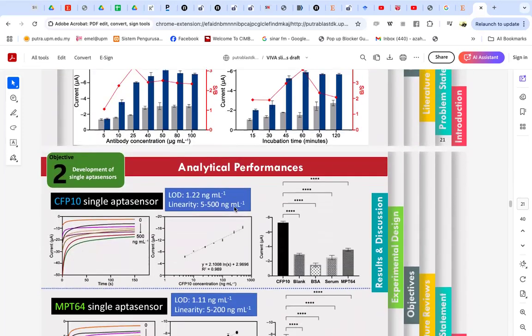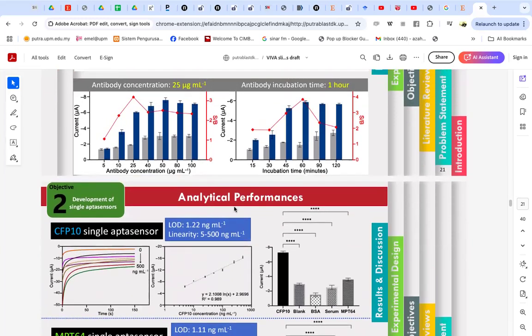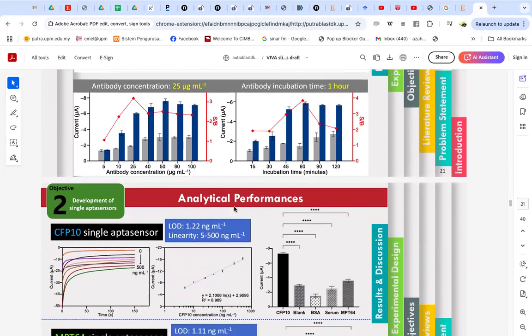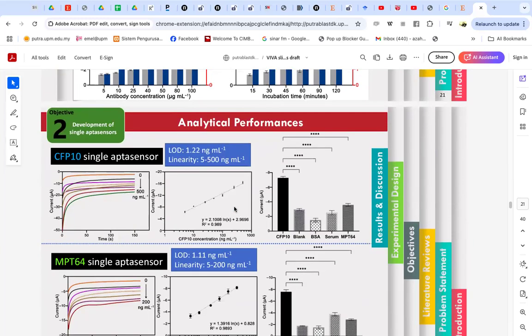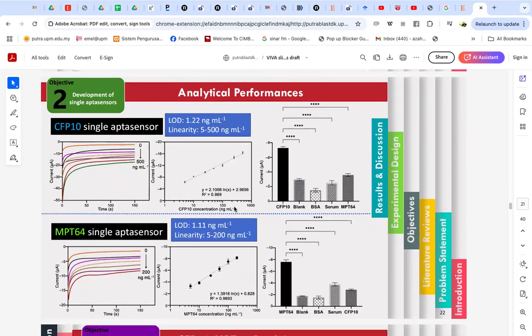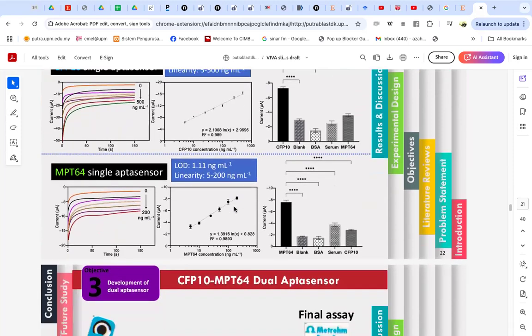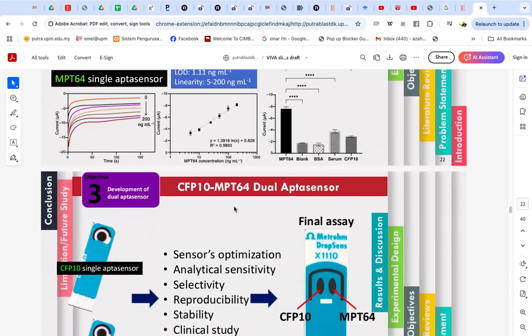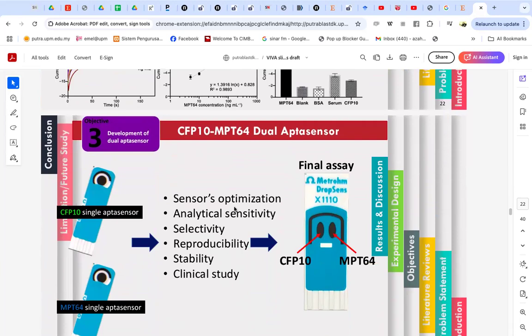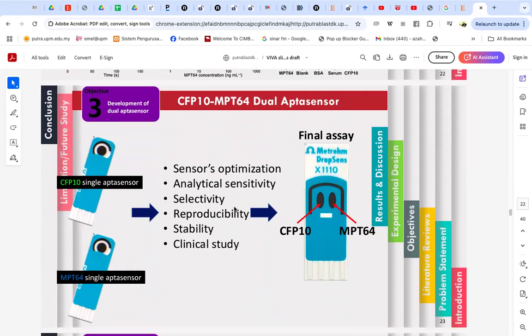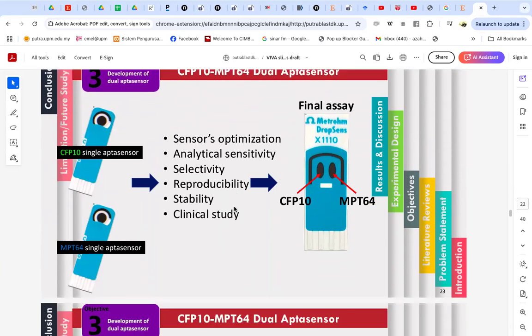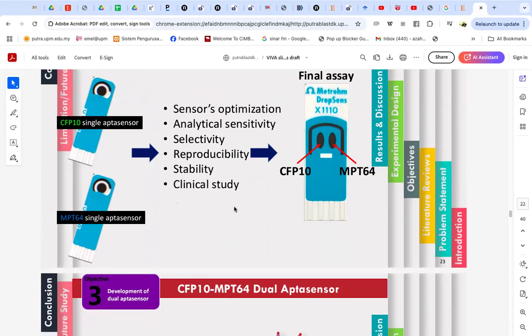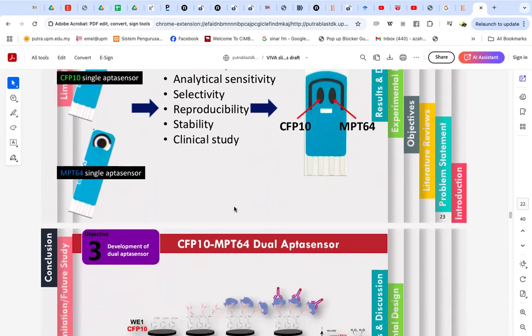And then this is where we start to do the sensitivity. You now look at the LOD. We don't do LOQ, we do LOD only. Then selectivity, reproducibility, where we test whether it's regenerable or not, and stability.